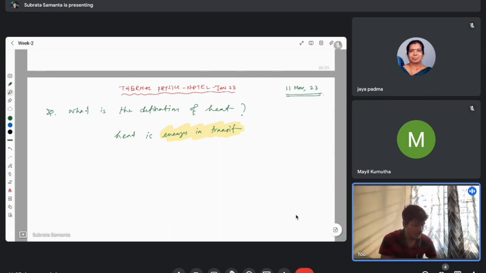So let's do an example of what it means, in transit. Suppose you want to warm your hands by two processes. One process is to put your hands in front of some hot object, and another is rubbing your hands.